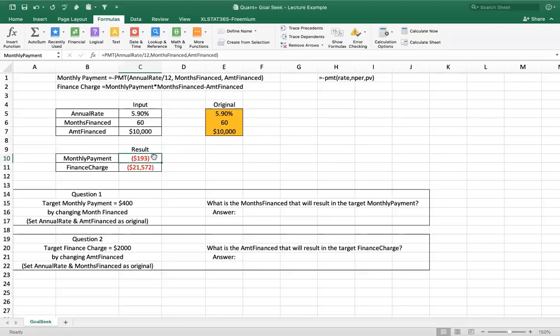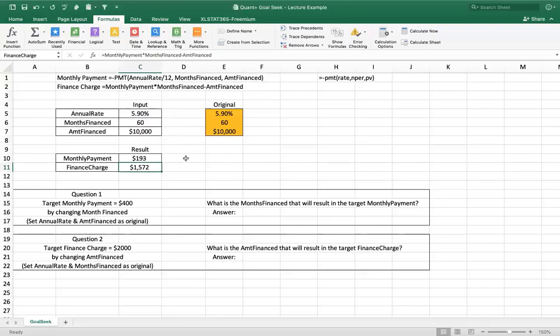In other words, you pay that money, that means you lose that money, so that's why it's a negative value. If you ever want to display the payment as a positive, you just put a negative sign in front of it to create a double negative, and it will be displayed as a positive value. And finance charge is the monthly payments times the months financed minus the amount financed.